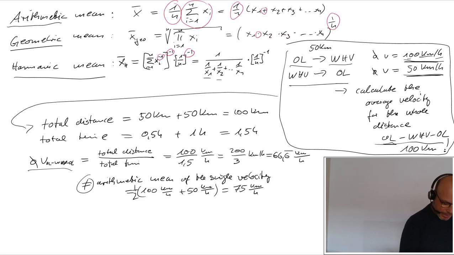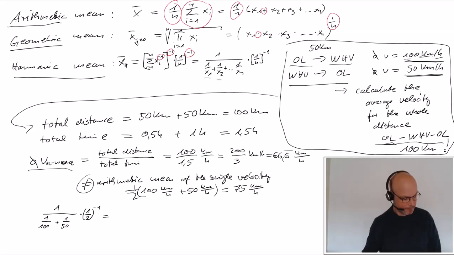So what we obtain is 1 over 100 plus 1 over 50, times 1 over 2, to the power of minus 1. Of course, you can type this in some mathematical program and then you will get the result.